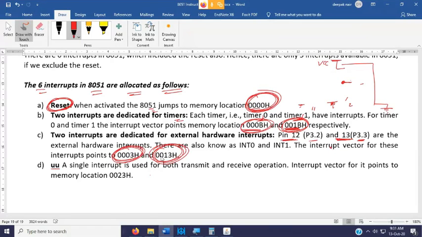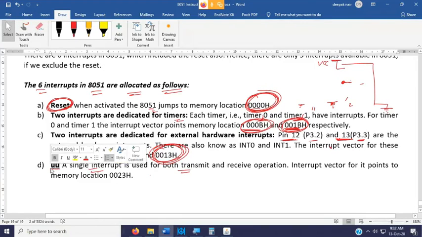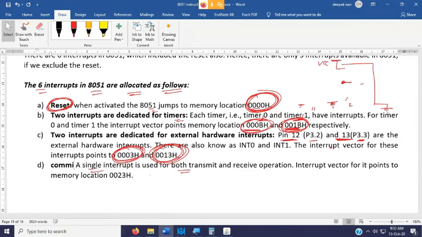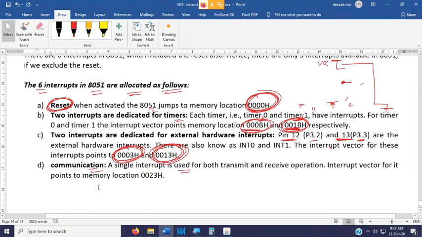And then there is a single interrupt which is for communication, a serial communication related interrupt.